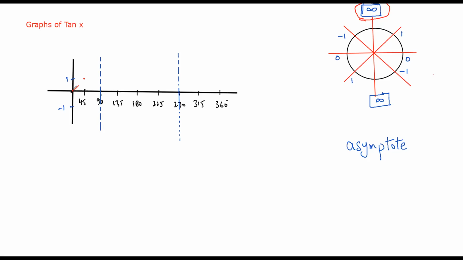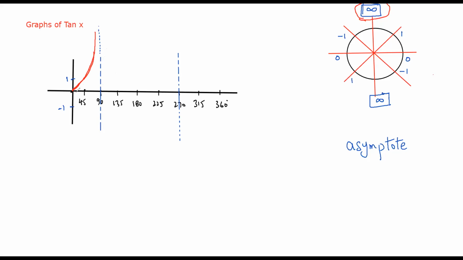So I'll be drawing it like this, going upward with this asymptote. Okay, and this asymptote is like this. So this graph is going to be going like this. That is it. So this is the function of this asymptote.